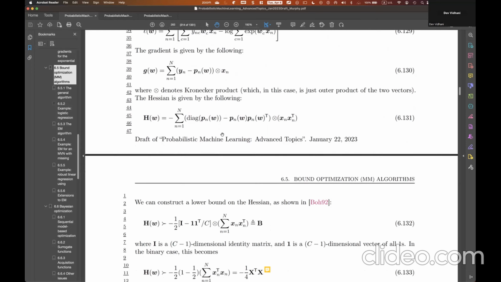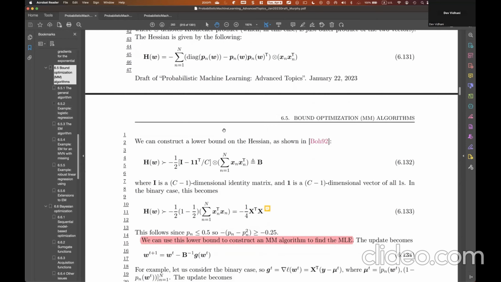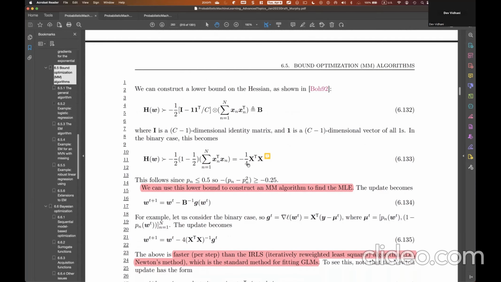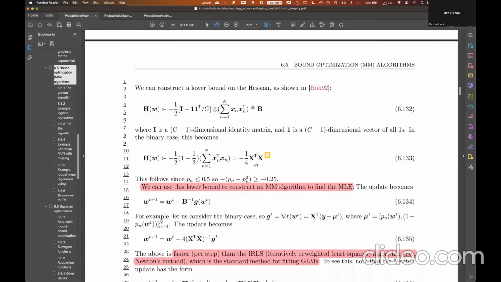However, this can be very compute intensive, and the literature shows that there is a bound on the Hessian, which is actually a pretty straightforward bound. I think this is the bound, -1/4 x transpose x, where x is your data point.